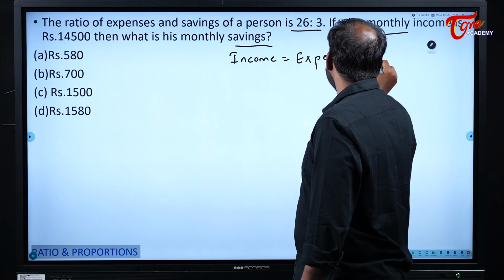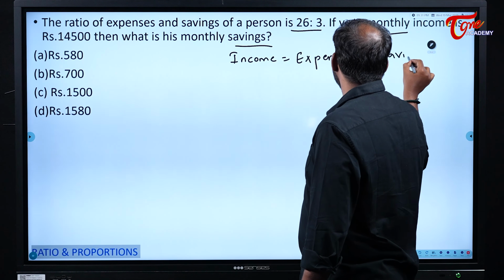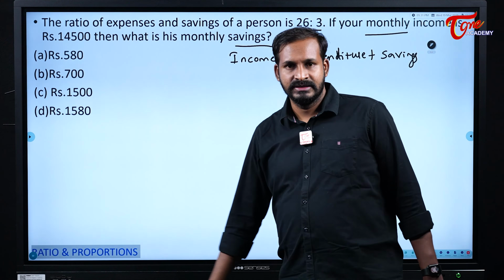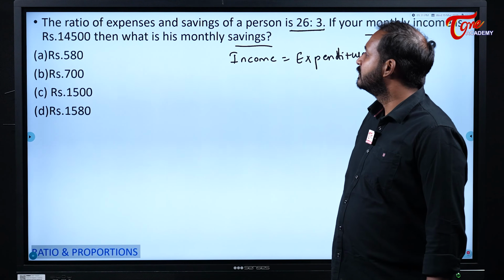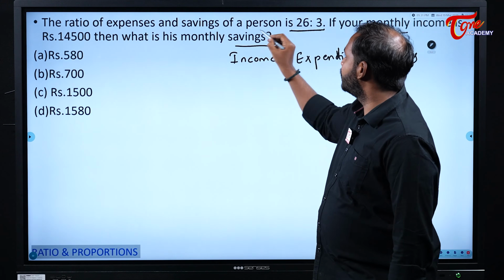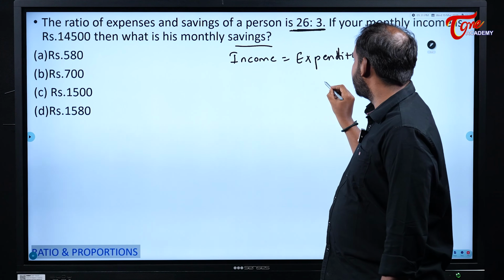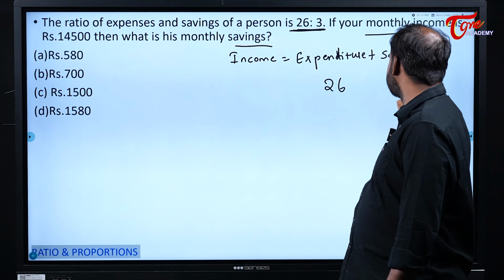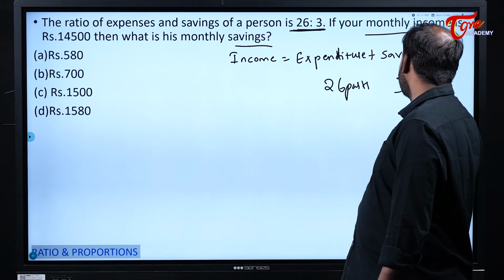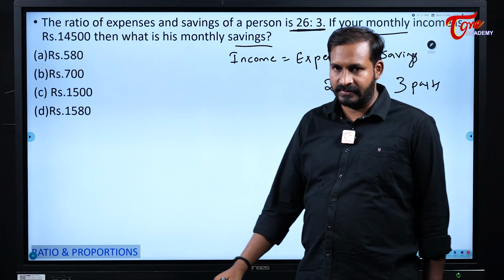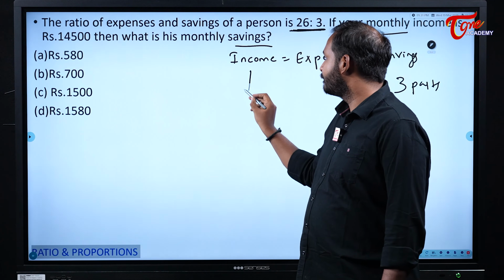In the question, expenditure is 26 parts and savings is 3 parts.